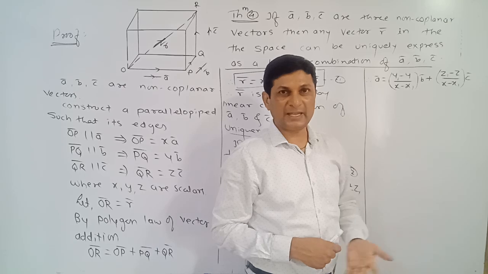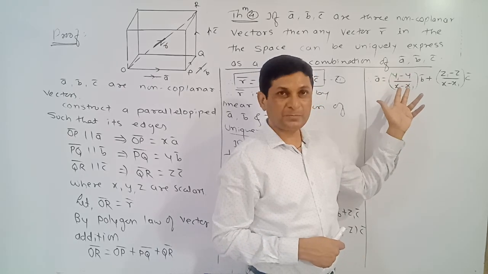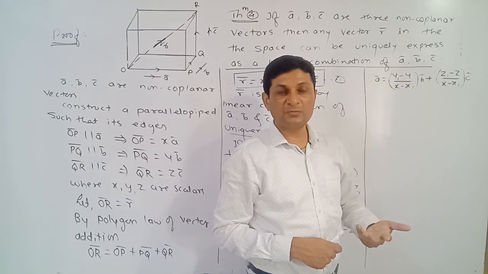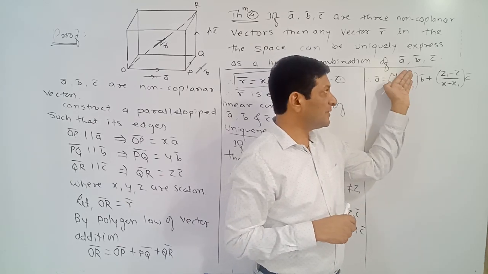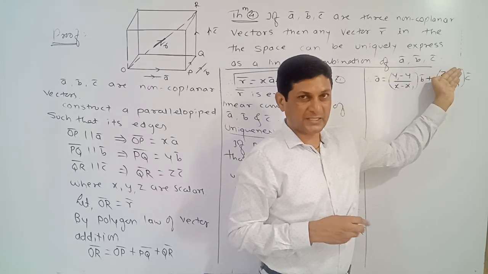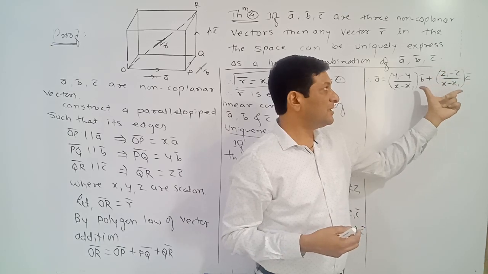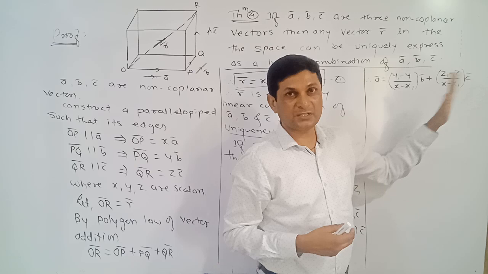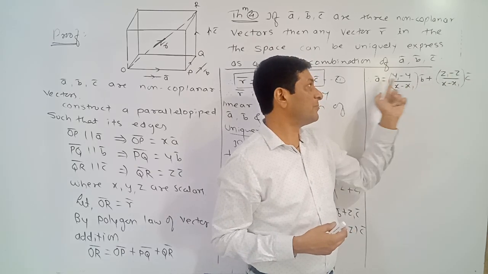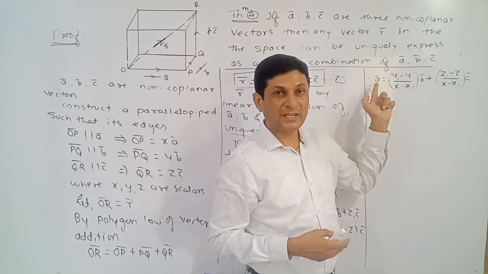These are nothing but scalars, and addition, subtraction, multiplication and division of scalars gives again a scalar. So this is also one scalar and this is also one scalar. Scalar means number. So the right hand side is a linear combination of b bar and c bar, and by this linear combination, which vector is expressed? a bar.